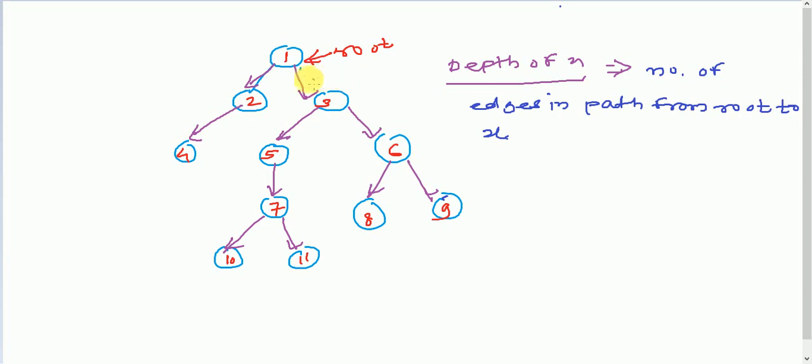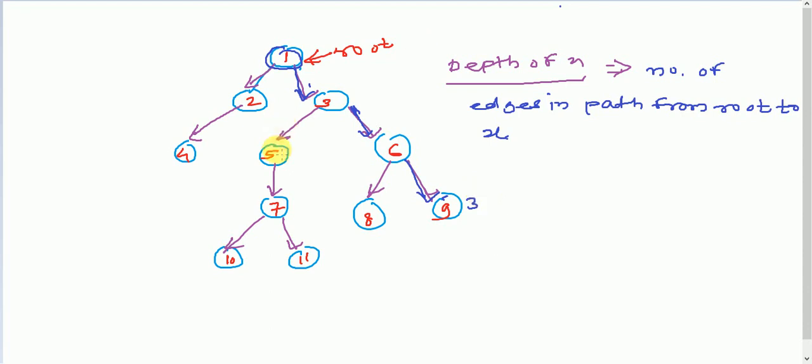So the circle is called a node, and this line which I have drawn along with an arrow is called an edge. This is first, second and third. So there are 3 edges from root towards 9, right? So that's why depth of 9 is 3.